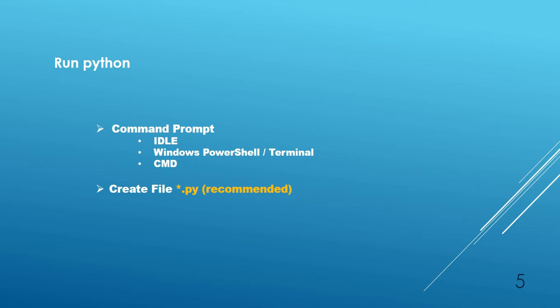And another way which is recommended is creating a file with extension .py, then writing our code and at the end running it. So the second one is recommended, because it is safe. It can be reused later.